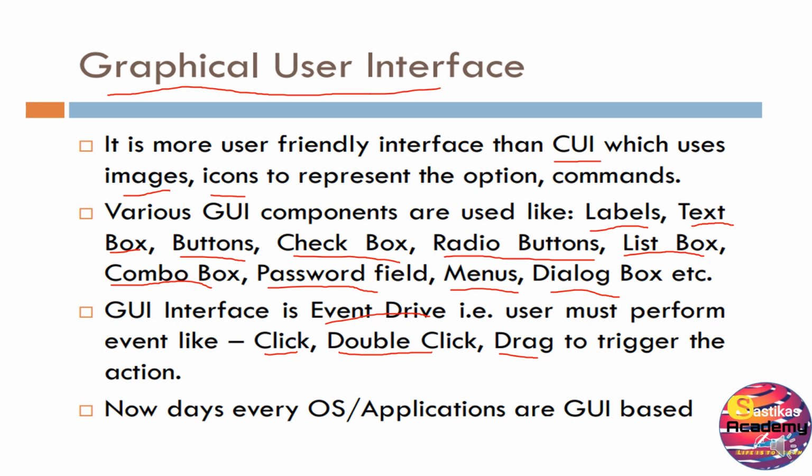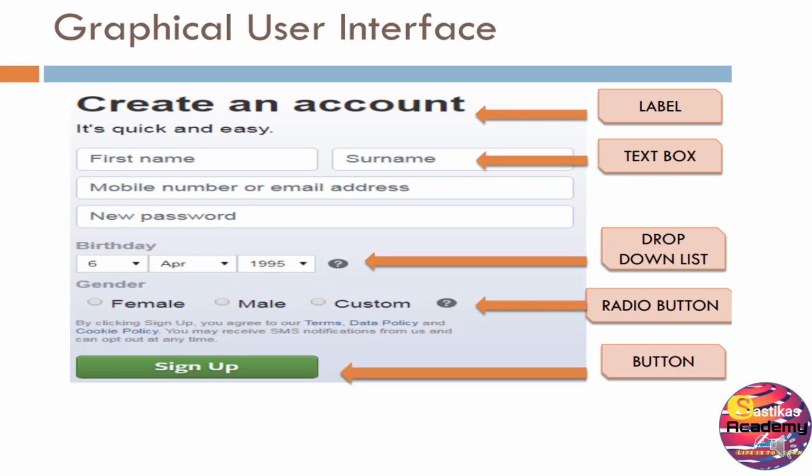Nowadays, every OS application is GUI based. GUI is easy because by seeing what is needed before entering the commands, it is easy for you to access. See, create account means this is the label. We can use whatever things are needed.